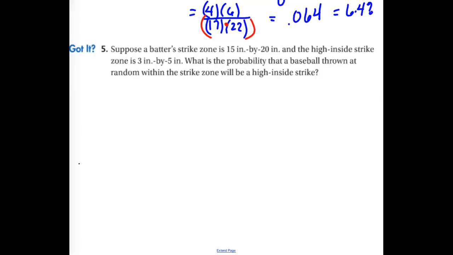Last one. Suppose a batter's strike zone is 15 by 20 inches and the high inside strike area is 3 by 5. Figure out the probability of landing in that high inside strike zone.